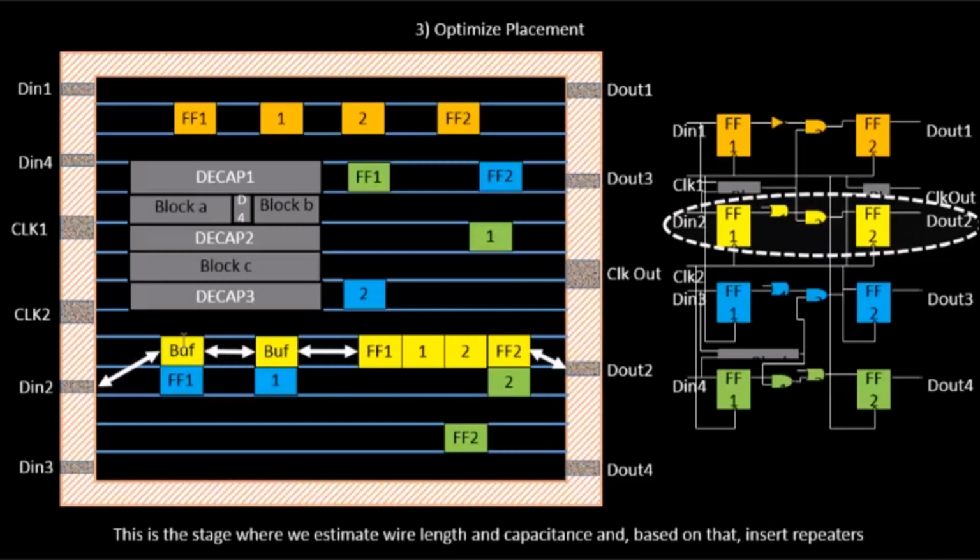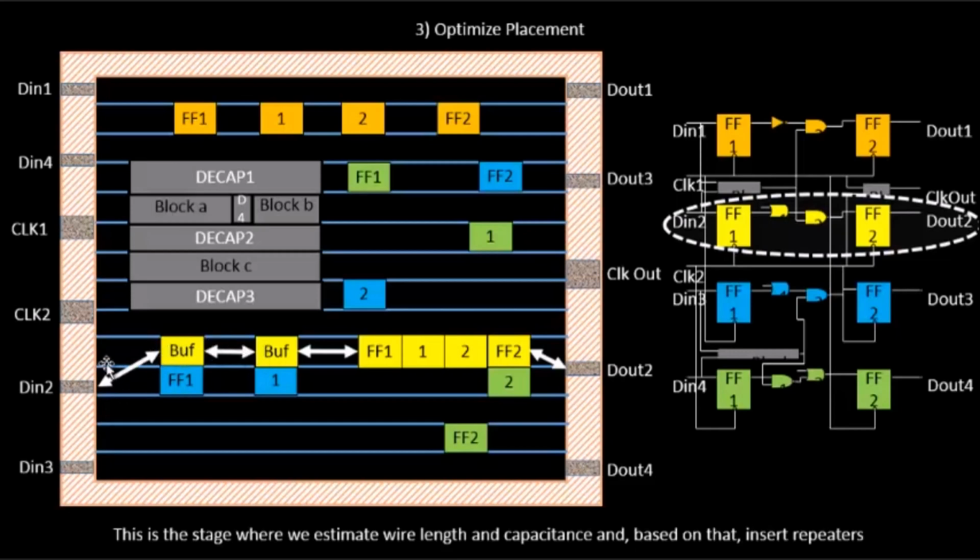So you have this particular buffer which was placed, and the reason this buffer was placed was that D in 2 was at a significantly large distance from flip-flop 1. Whatever D in 2 speaks, FF1 is supposed to hear in the same condition. So in order to reproduce the signal that D in 2 has sent, we have placed these repeaters in the center.